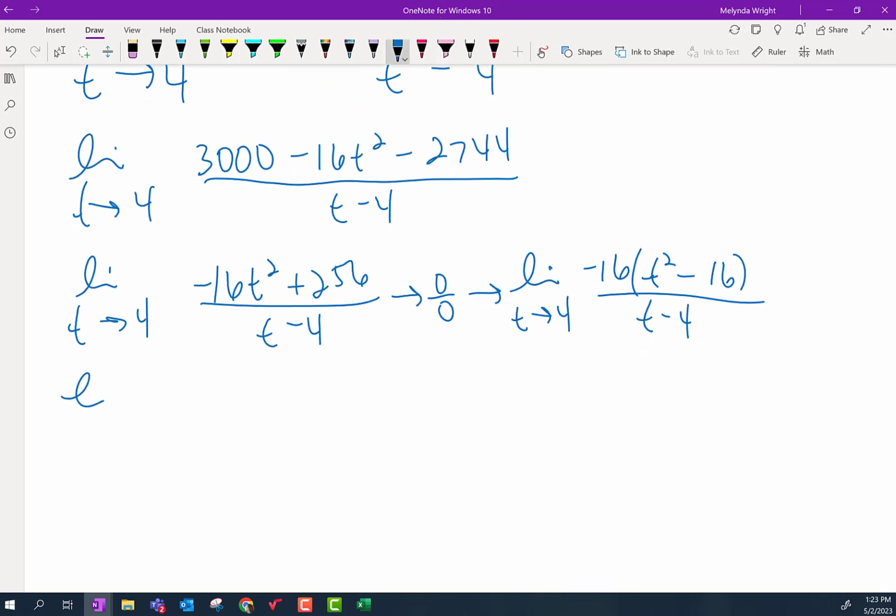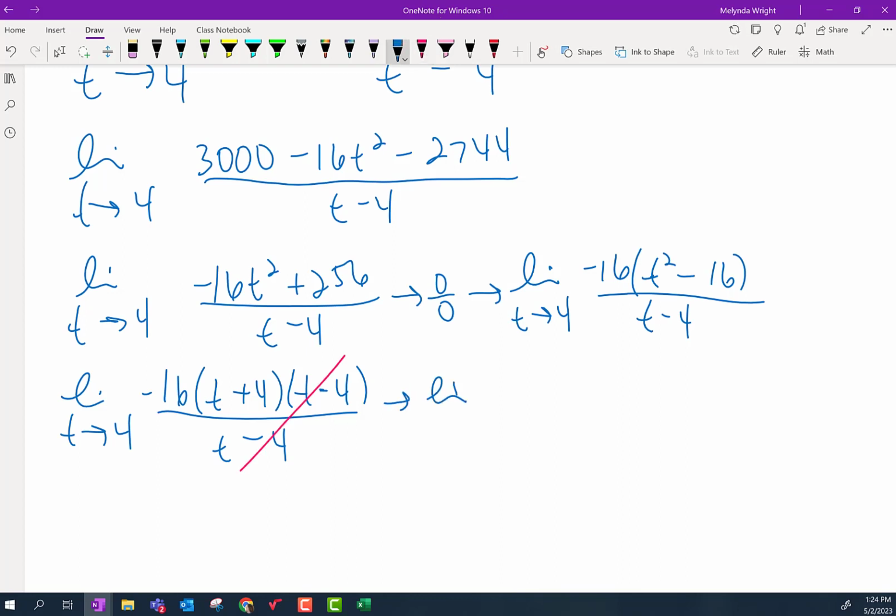So we've got the limit as t goes to 4 of negative 16 times t plus 4, t minus 4, all over t minus 4. And look at there, another present. Gone. Okay. So we've got the limit as t goes to 4 of negative 16 times t plus 4.